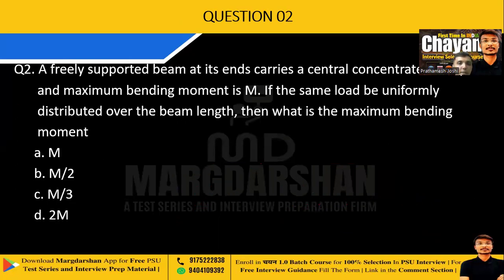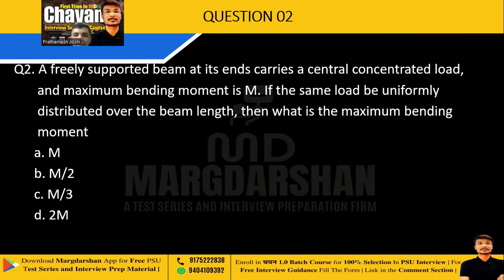A freely supported beam at its end carries a central concentrated load and the maximum bending moment is M. If the same load is uniformly distributed over the beam length, what is the maximum bending moment?